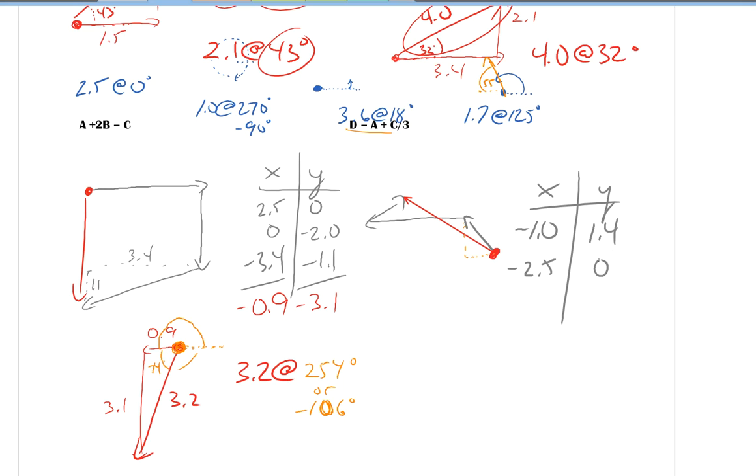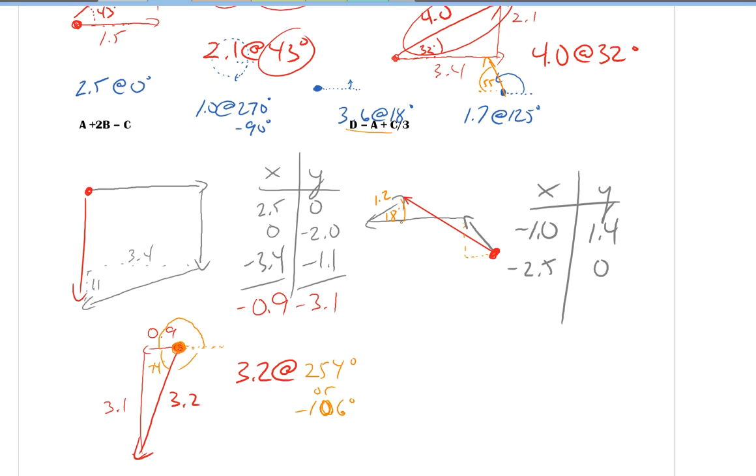All right, so now I have to break apart my last one, which is my c vector. The only thing is it's a third of c, so it's not the whole 3.6 centimeters. This is now just 1.2 because it's divided by 3, but still at 18 degrees. That hasn't changed.